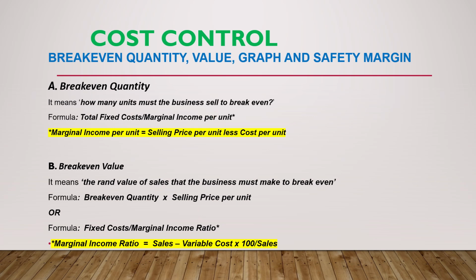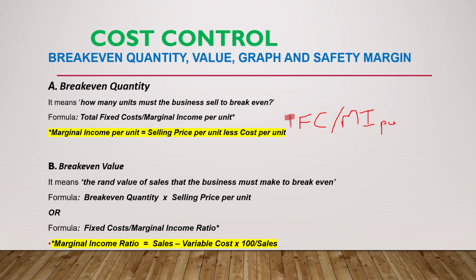Okay, there's a formula, because we always have calculations. There's a formula to calculate a break-even quantity. The formula is your total fixed cost divided by your marginal income per unit.